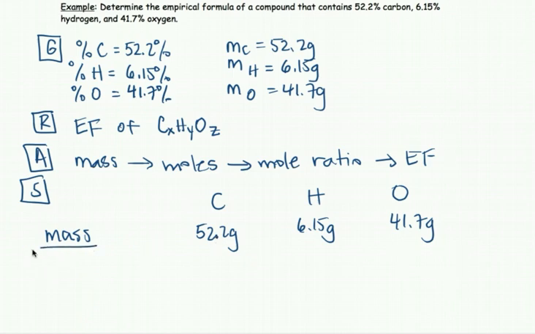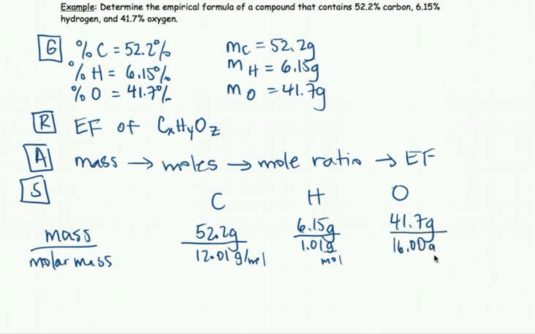All right, divide by molar mass. Going to the periodic table right now. Carbon is 12.01. Hydrogen is 1.01. And oxygen is 16.